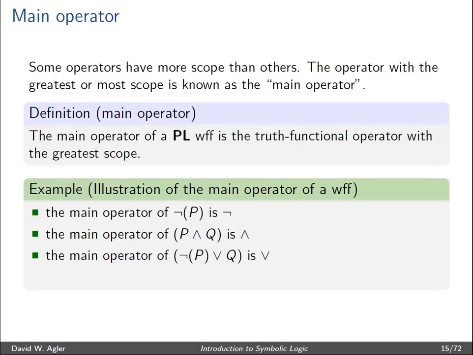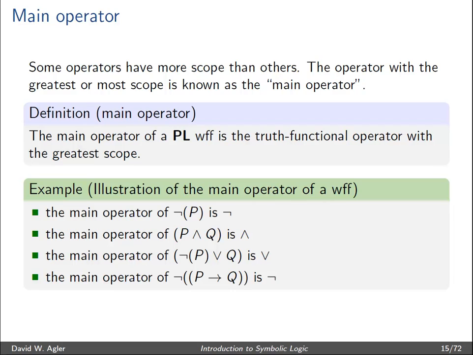Now in the case of not P or Q, we have two different operators that could potentially be the main operator. There's the negation and there's the operator for or, V. But you'll notice that the operator with the most scope is the V, because the operator for negation only applies to the not P, not the whole formula, but only to the not P. Finally, the main operator for not P right arrow Q is the negation or not operator.